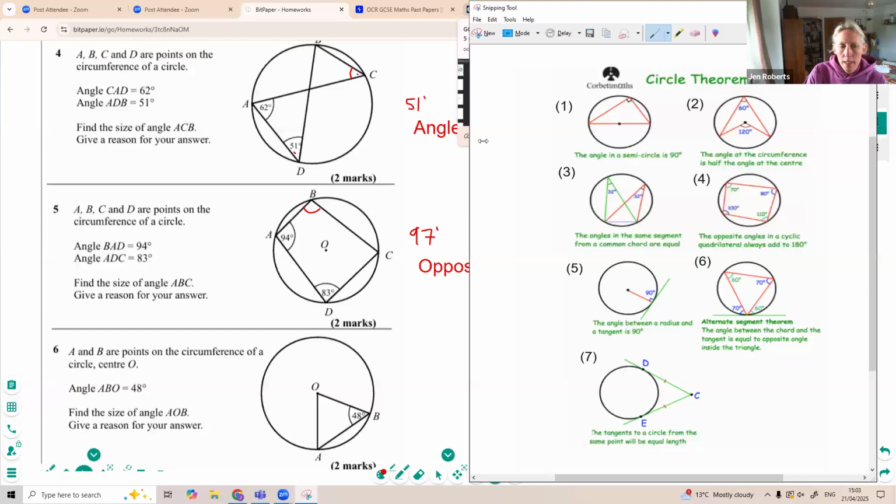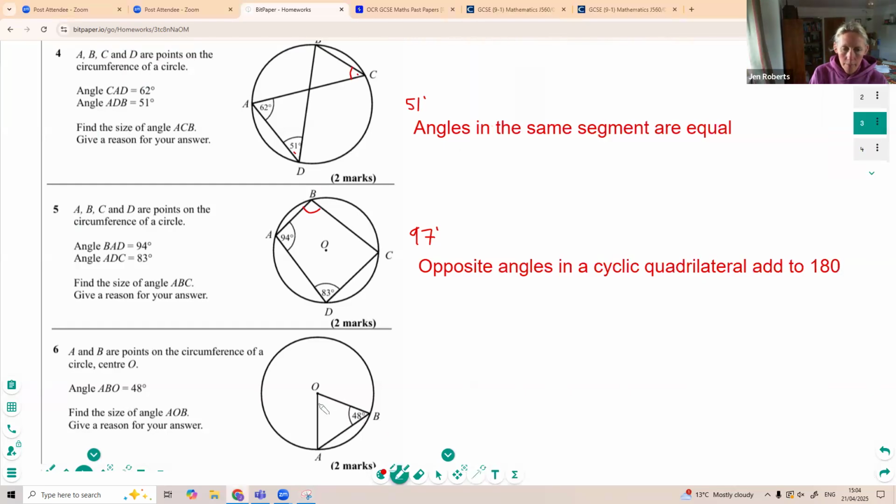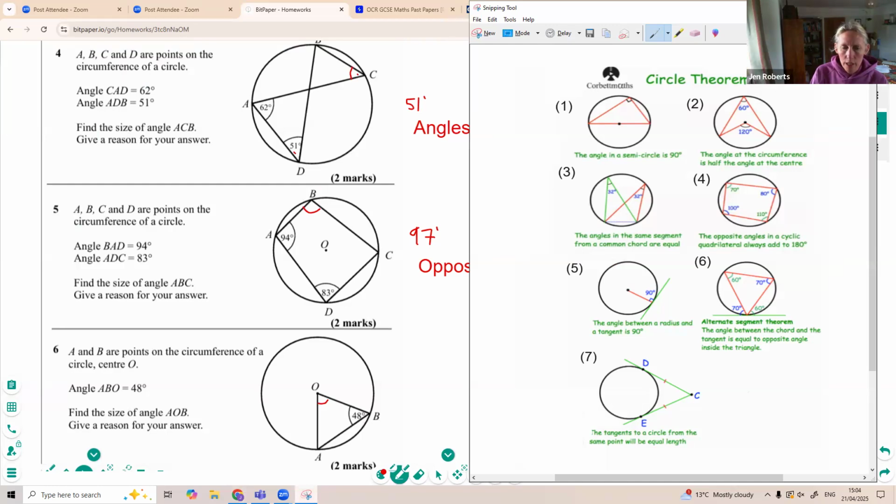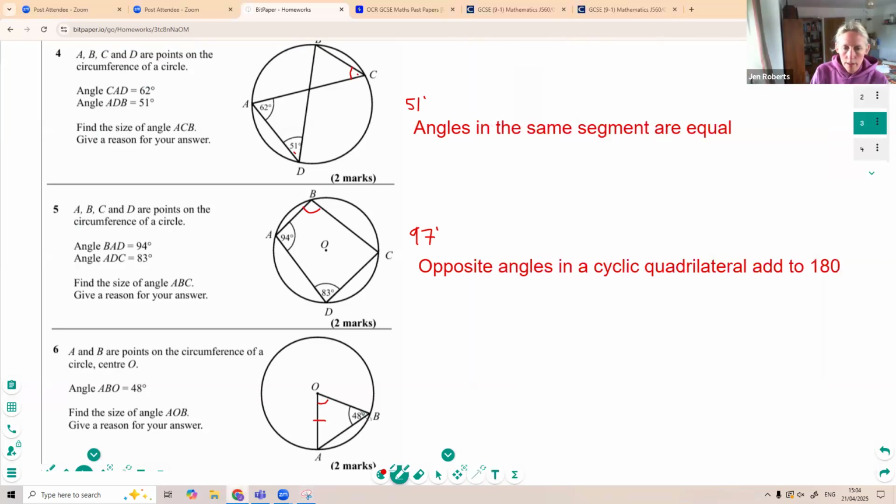So this is not an official circle theorem here. We're asked for angle AOB. If you look through your circle theorems, none of these are useful. What I suggest you do is if you ever see a radius, so this is a radius and this is a radius, just put little marks on there, they're equal size. So we know that is an isosceles triangle, don't we?